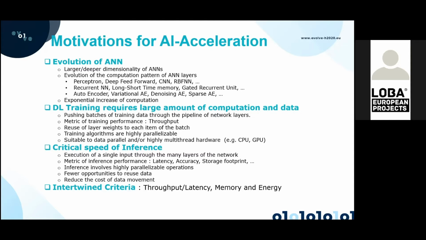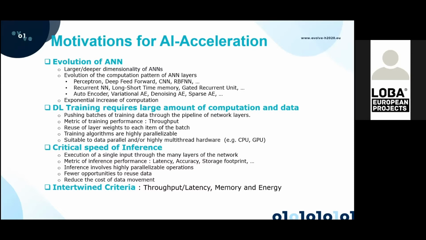And the training algorithms themselves, mostly related to gradient descent algorithms, are highly parallelizable. That's why for the training phase, the acceleration is suitable to use data parallelism, and the usage of multi-thread hardware like CPUs and GPUs is quite good for accelerating this phase.